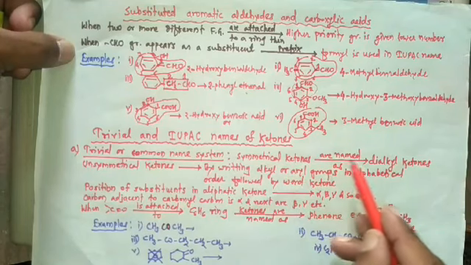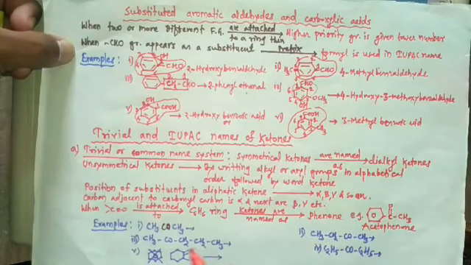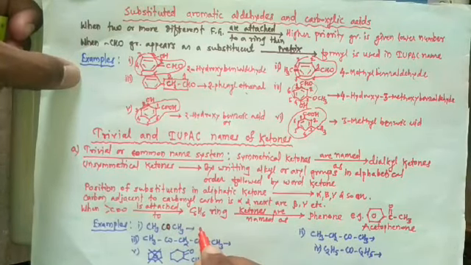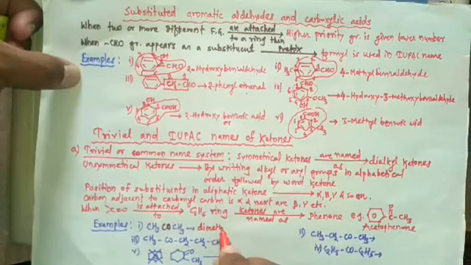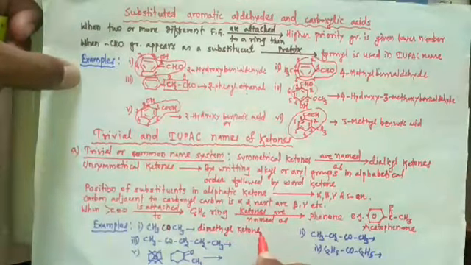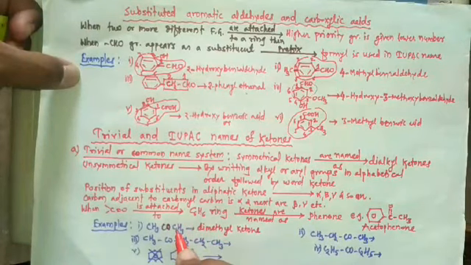Symmetrical ketones are named as dialkyl ketones. Here the alkyl group is methyl, that's why we have to write here dimethyl ketone. So this is the common name of this compound.